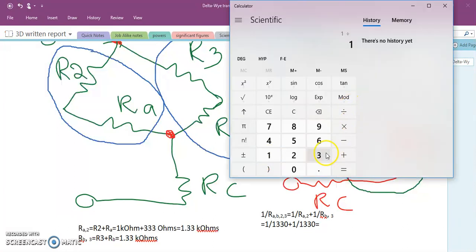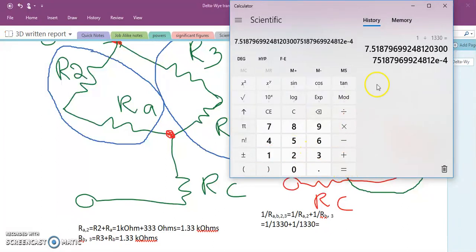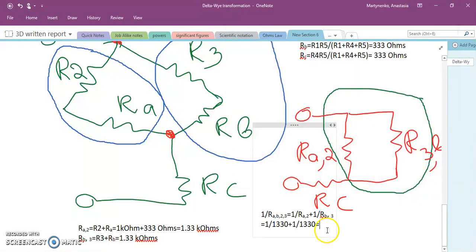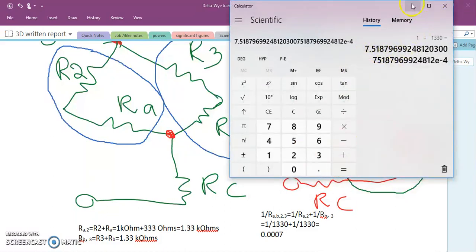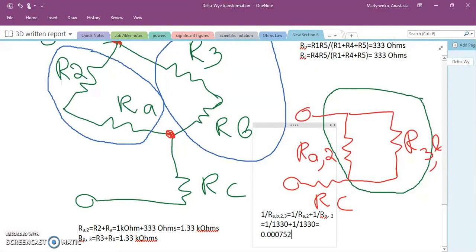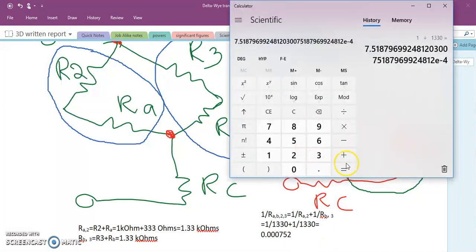So let's see, 1 divided by 1330 happens to be this horrible number. This is 0.000752. And we have this number twice, right?